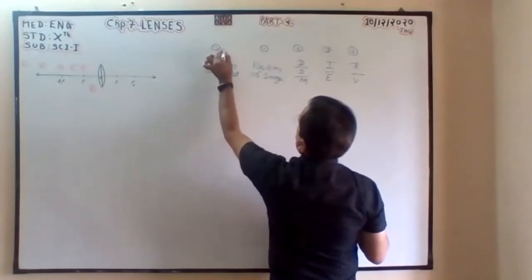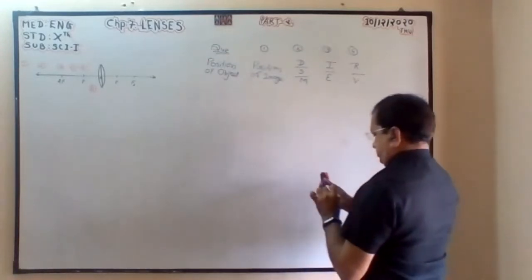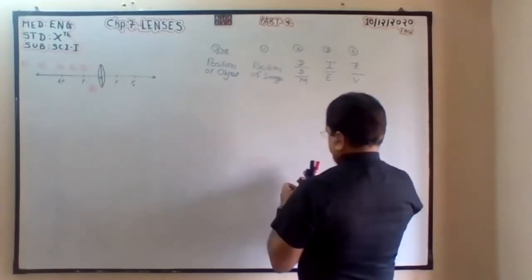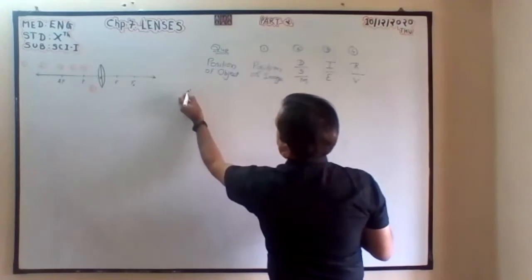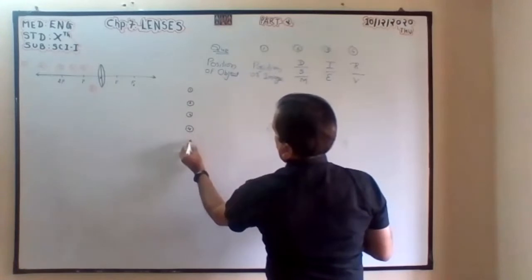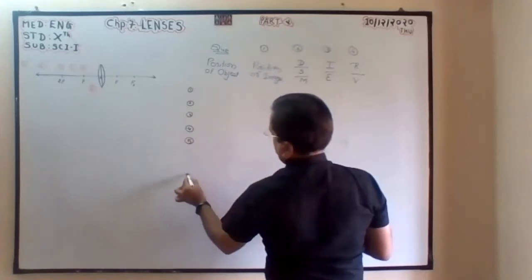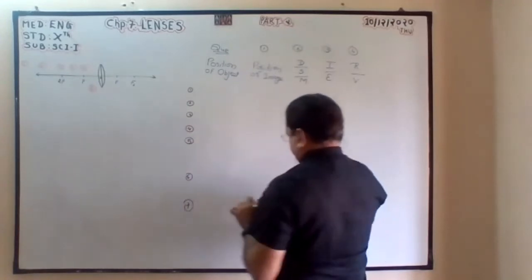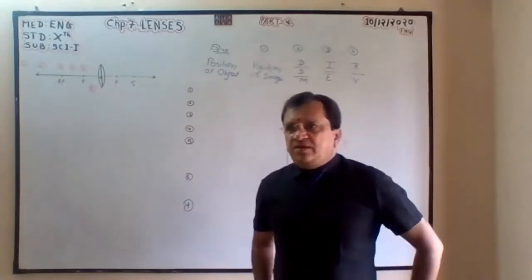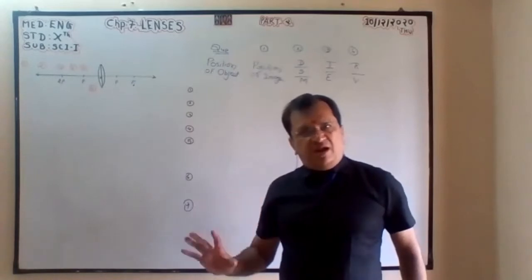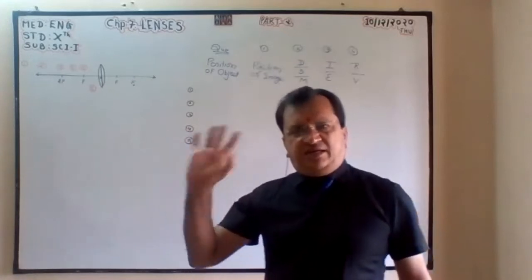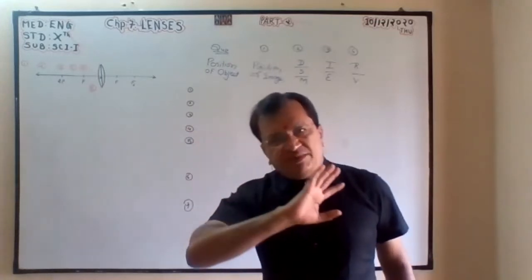This is your question. Now here are 7 positions: 1, 2, 3, 4, 5, 6 separate, 7 separate. If you understand this full table, the previous lecture which I have taken will be by heart.